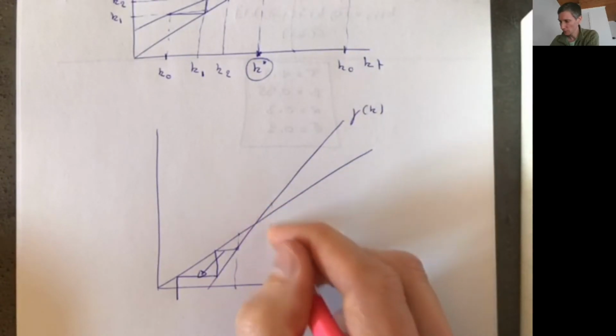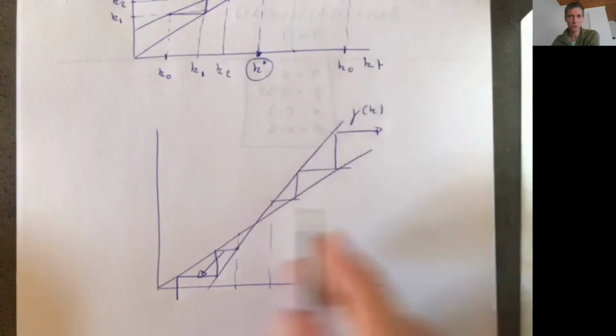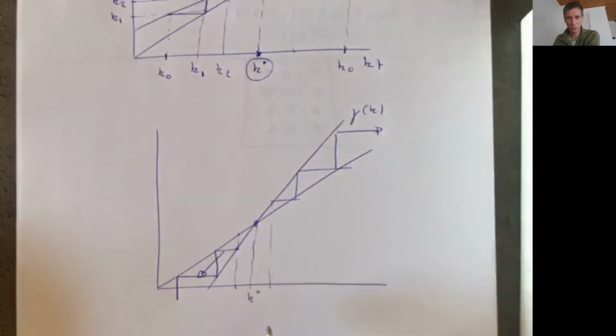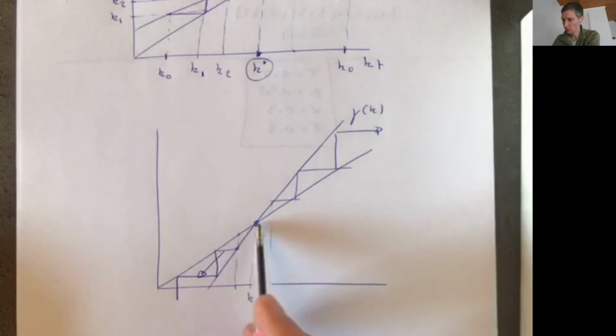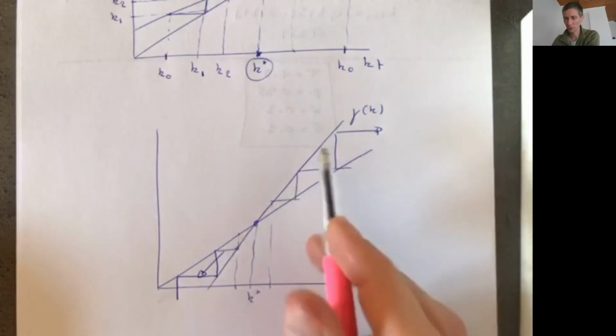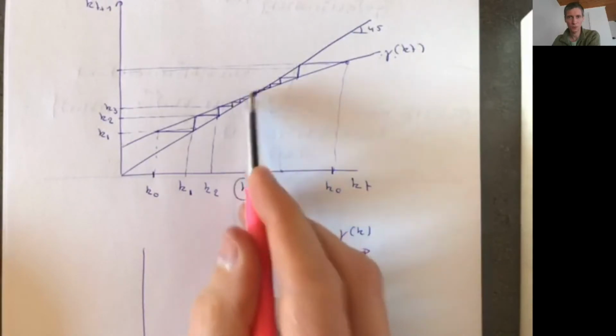If I started at some point here, I would have moved further and further away from the capital stock. So this would have been a point of instability, right? A small deviation from this point onwards would either move you down or up, right? So this is what we call an unstable equilibrium. This is a stable equilibrium, right?